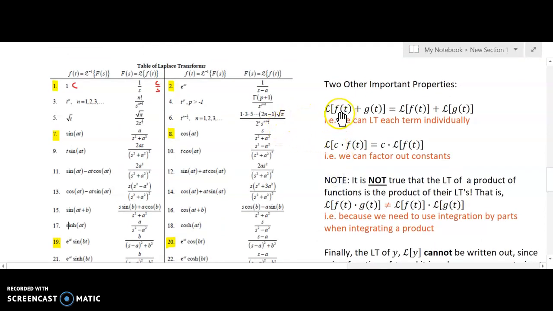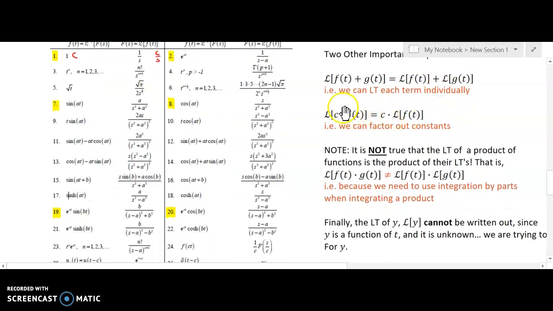That being said, there are a couple of other important ones that aren't mentioned in this table. One property that's extremely useful is if you take the Laplace of a whole set of terms, in this case two functions, f of t plus g of t, then you could take the Laplace of each one separately. The reason this works is because the Laplace transform is an integral. So when you integrate a sum of two functions, you can integrate each one separately and then add them back together. That's all that's saying.